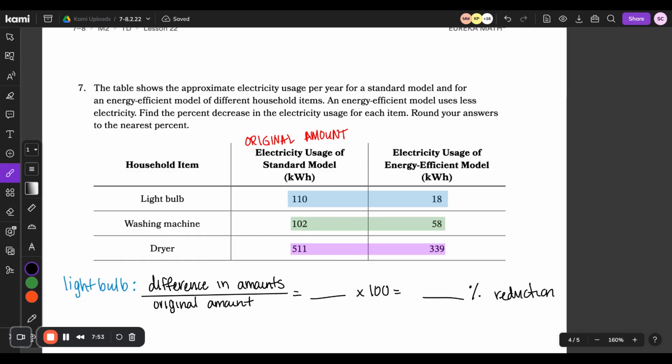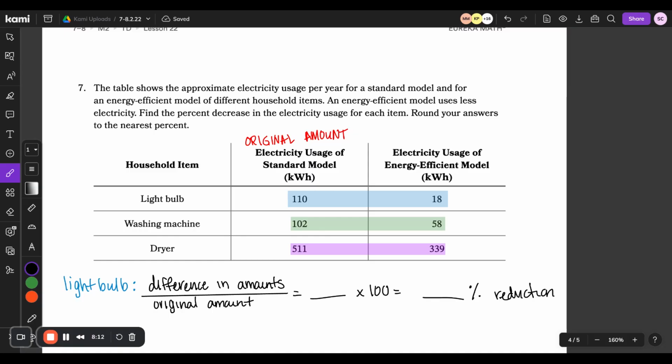So all of these items use a lot of electricity, which is going to in turn mean you're spending a lot of money. So we want to find a different version of all of these items that are going to use less electricity, so that we're spending less money when we're paying the electric bill for each of these items.